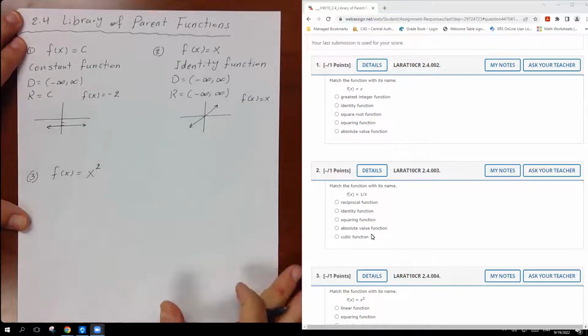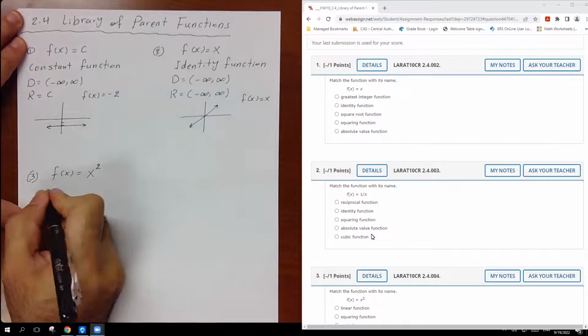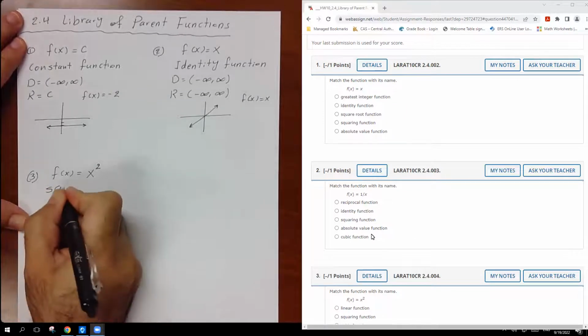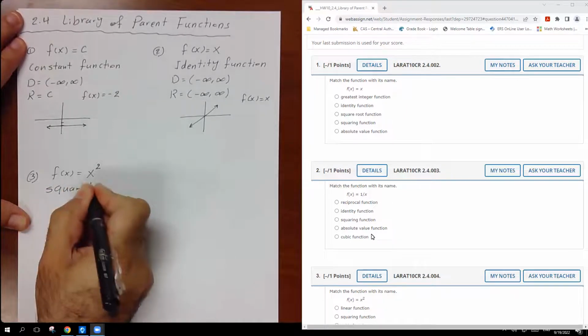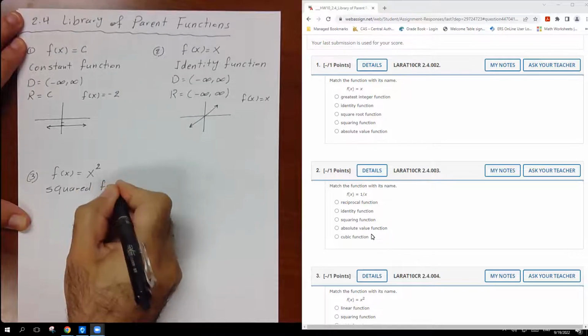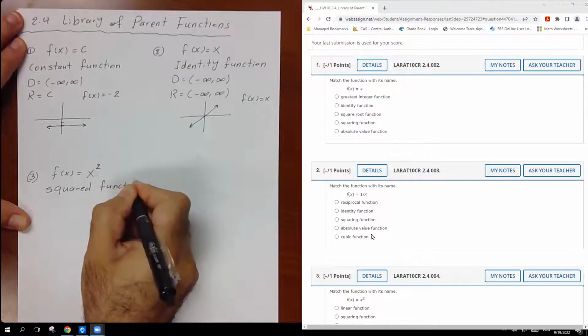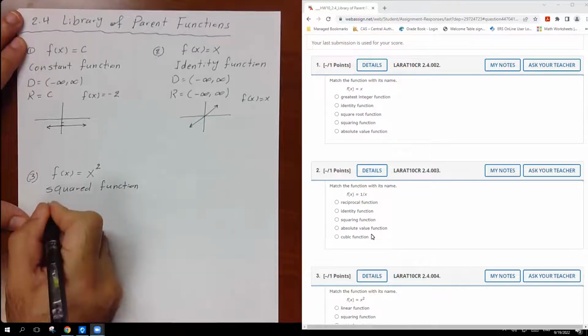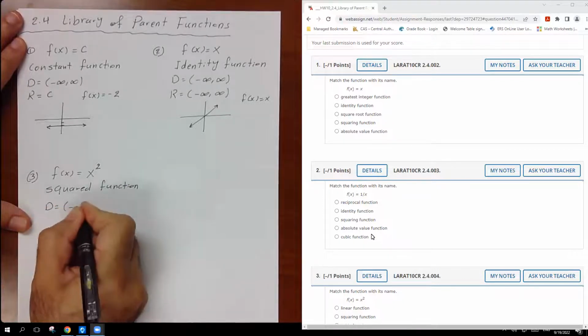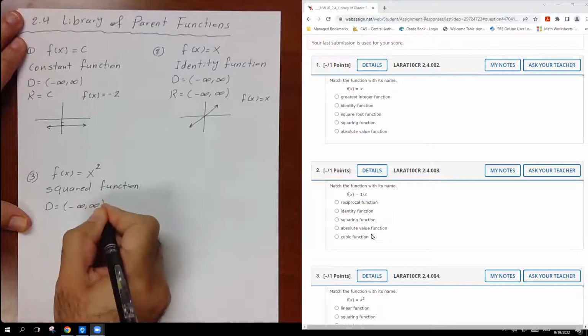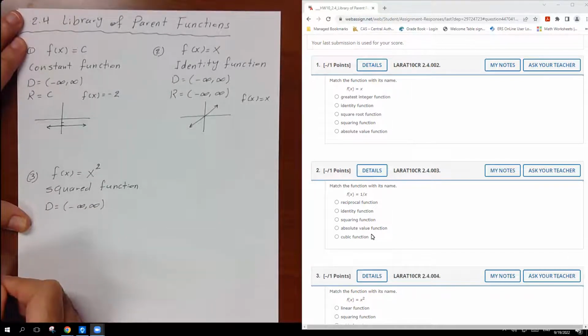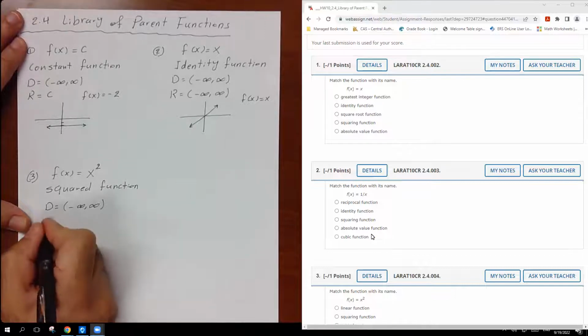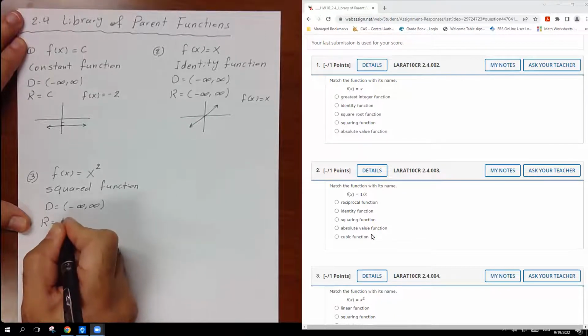This function is called squared function. The domain always negative infinity to positive infinity. The range for this function from 0 to infinity.